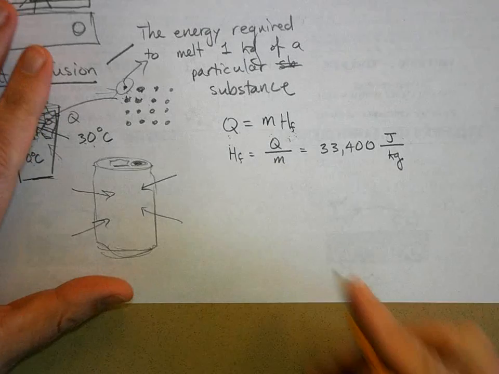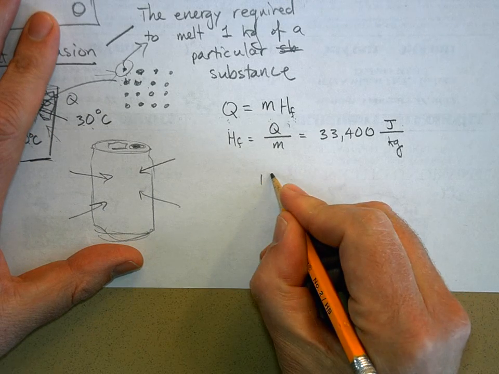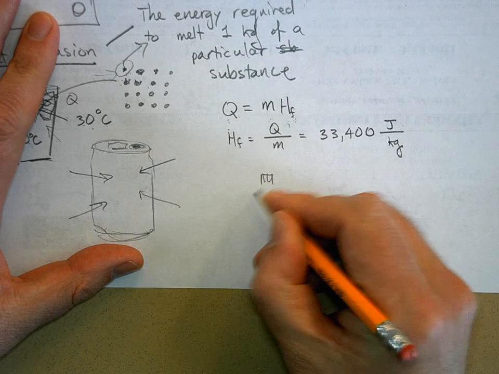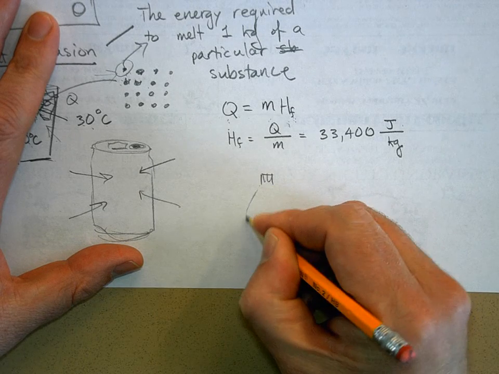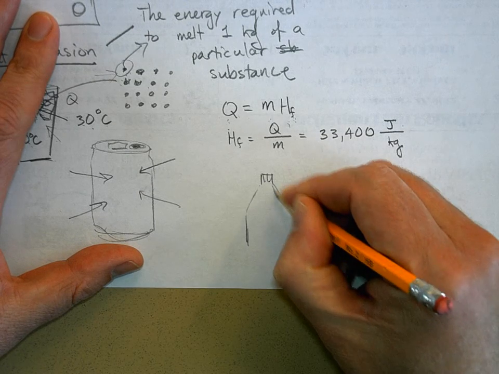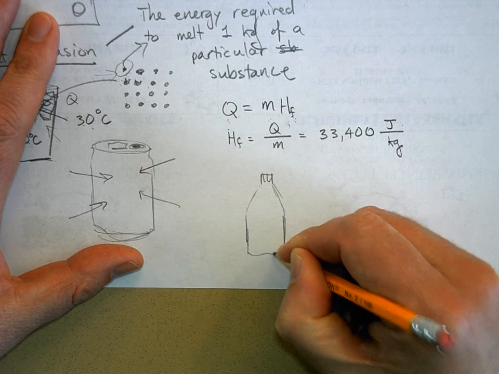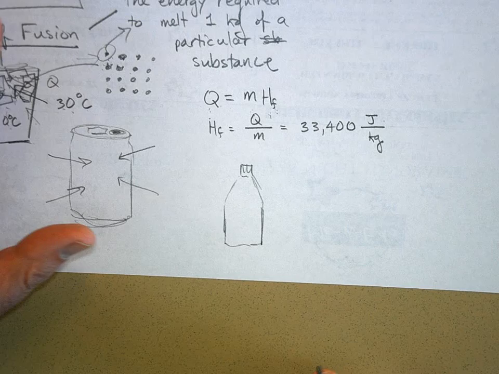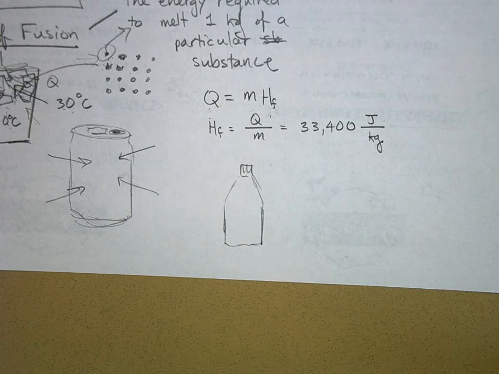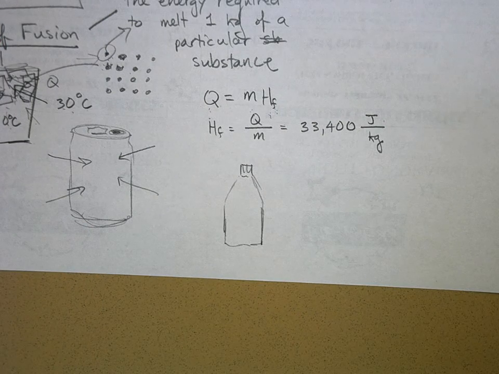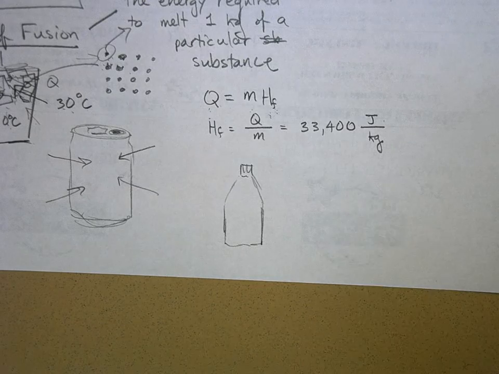Let's suppose you have a bottled water here, maybe it's a 2 liter bottle or 1 liter bottle, whatever, and you put it in the freezer, and you're going to freeze it. Well, let's say it was really cold to begin with.